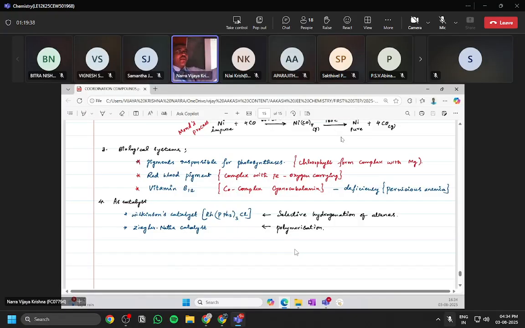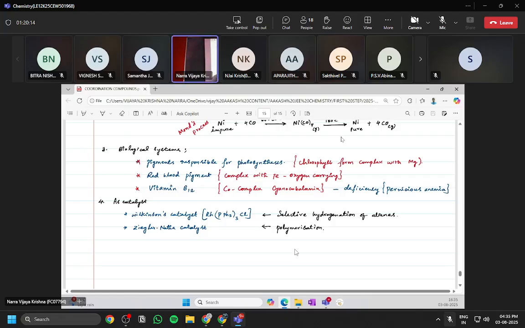Next, biological systems. Photosynthesis: the green pigment of leaves, chlorophyll, forms a complex with magnesium. Red blood pigment: iron forms a complex with globin, a protein, in a porphyrin nucleus, right? Now, vitamin B12: cobalt forms a complex, that's why it is called cyanocobalamin.